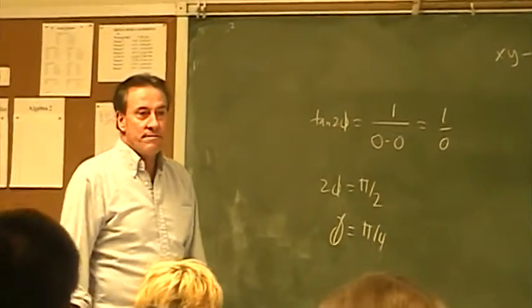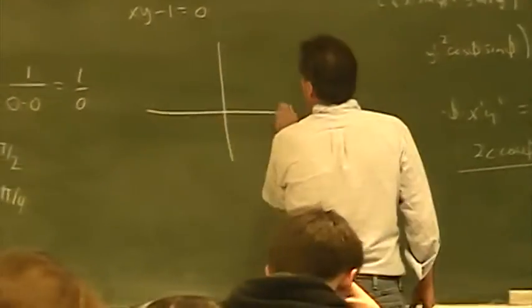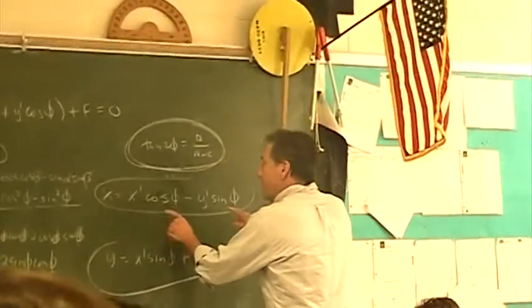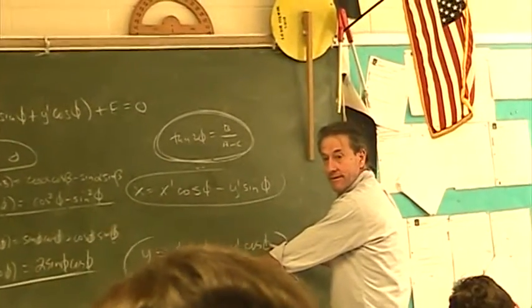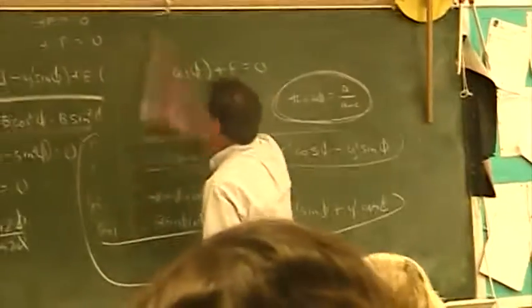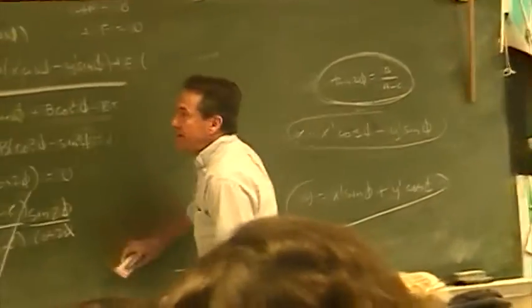Pi over 4. Okay. So you know the angle of rotation is 45 degrees, pi over 4. So now you take 45 degrees and put it here, here, here, and here. Okay, so we have, I already used this.